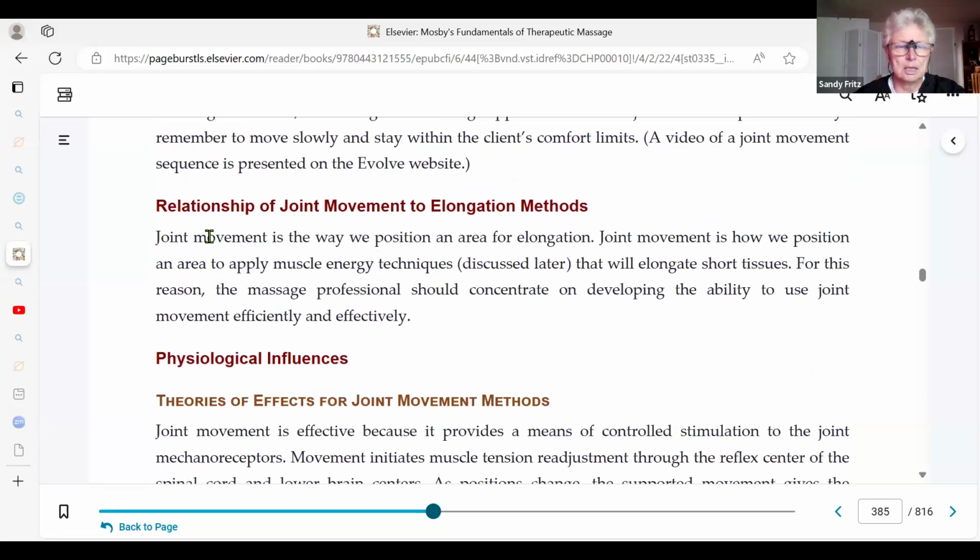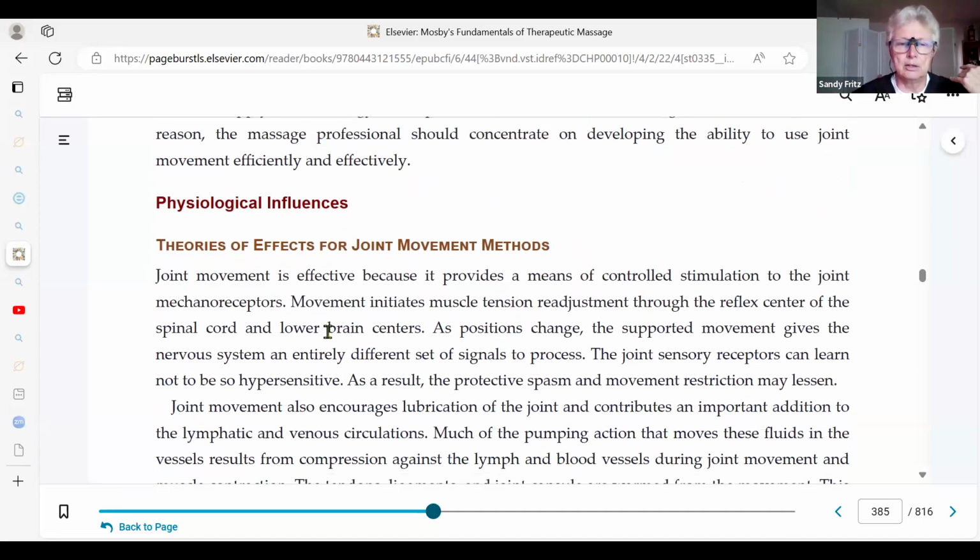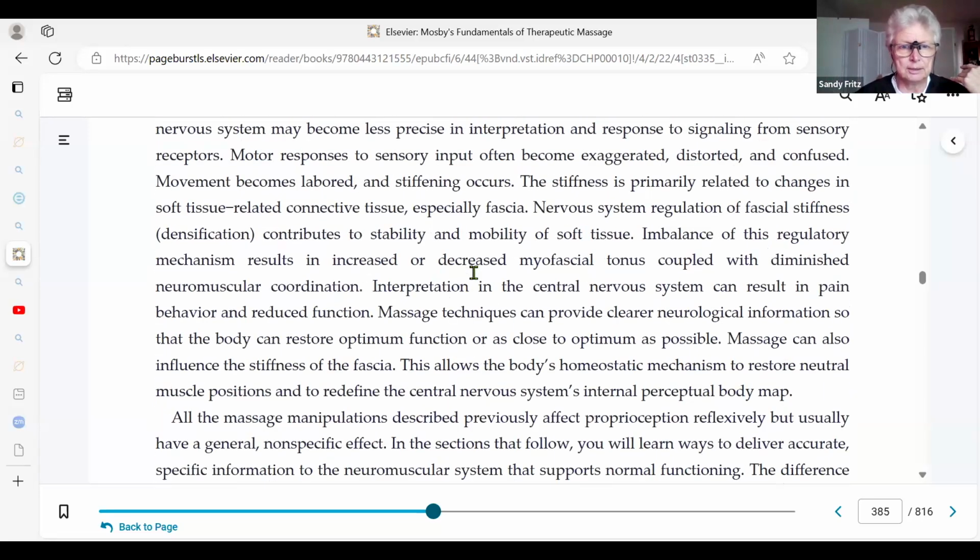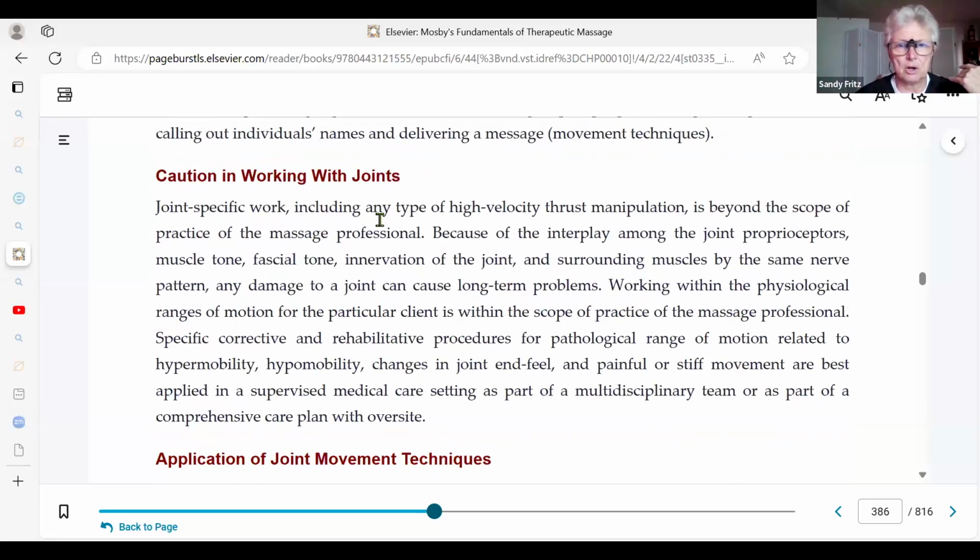And then moving joints is how we position an area to elongate it, to move it to its physiological or pathological barrier, to stretch it and move it beyond those barriers. Here are the theories of effect. And then some caution here, particularly around the range of motion.